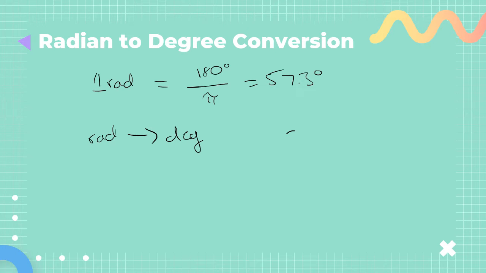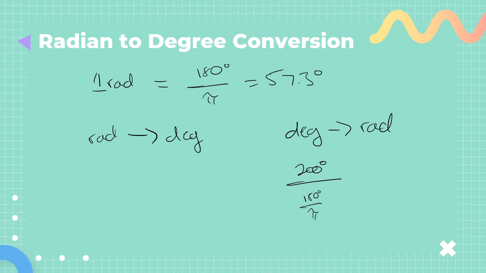And if we want to go from degree to radian, because degree is a smaller unit in terms of magnitude compared to radian, all we would do is divide it by the same factor. So let's say we have 200 degrees. We would divide it by 180 degrees over pi.